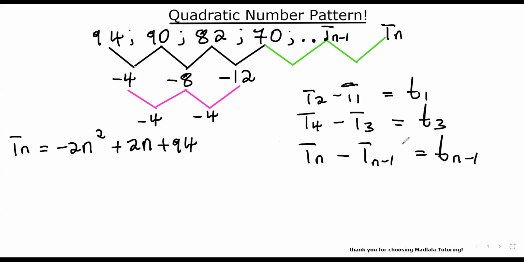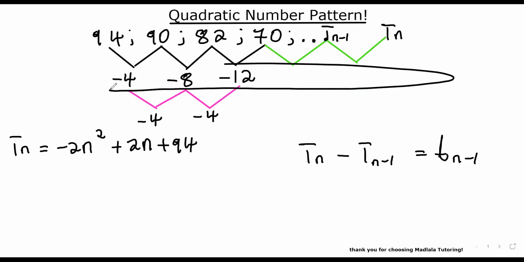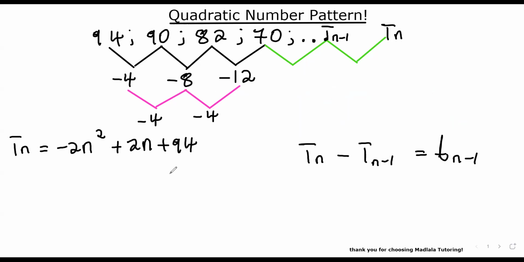Do you get what I'm saying to you? Okay, fine. What is the significance of what I'm telling you now? Well, it's because somewhere in this linear pattern, we are going to have a term that has a value of negative 136. Do you get that?